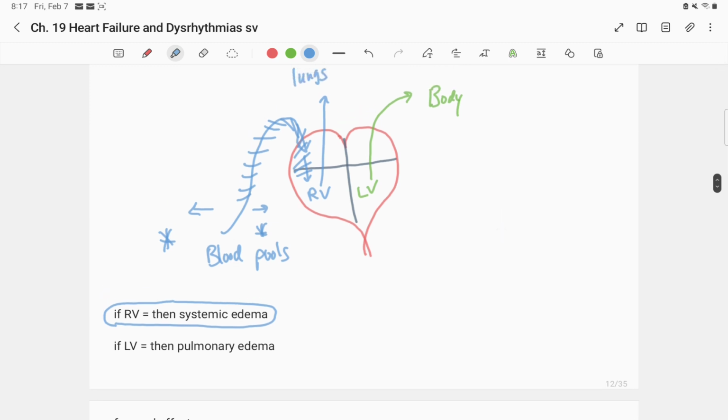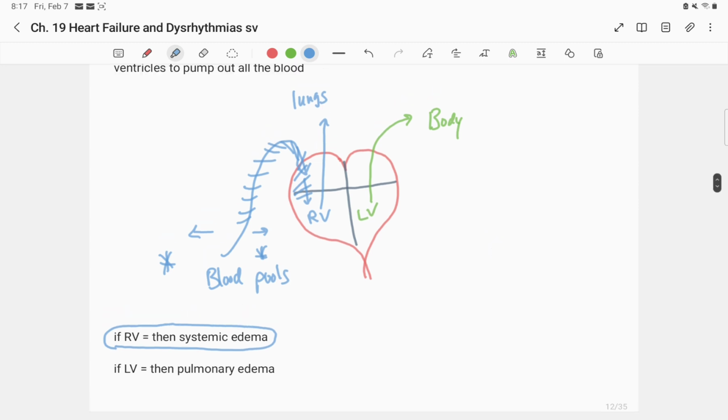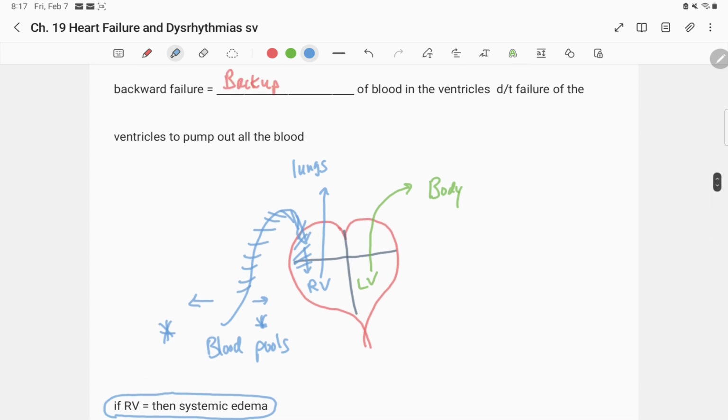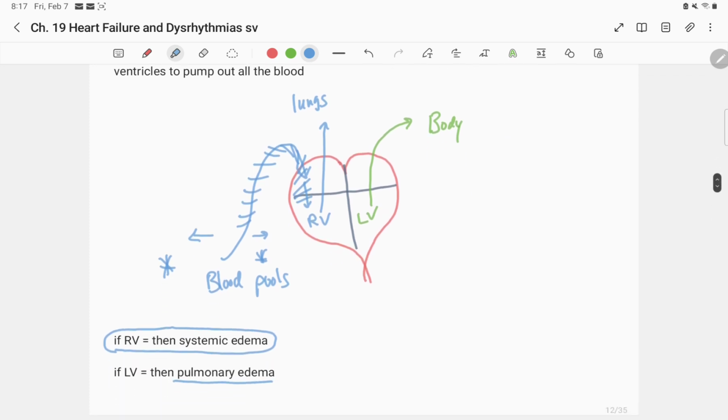If the left ventricle, and then you work your way backwards, then that would be pulmonary edema. Okay, well, why? If the left ventricle, think pulmonary edema, well, that's because the lungs, right?